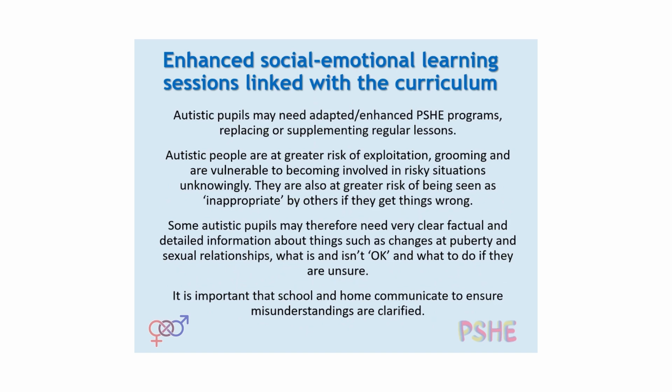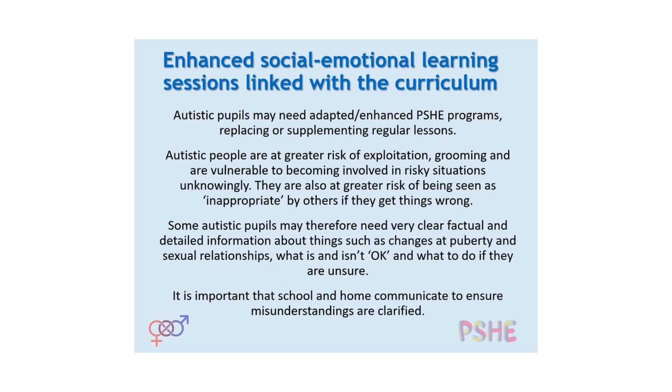Enhanced social-emotional learning sessions linked with the curriculum. Autistic pupils may need adapted or enhanced PSHE programs replacing or supplementing regular lessons. Autistic people are at greater risk of exploitation, grooming, and are vulnerable to becoming involved in risky situations unknowingly. They are also at greater risk of being seen as inappropriate by others if they get things wrong.